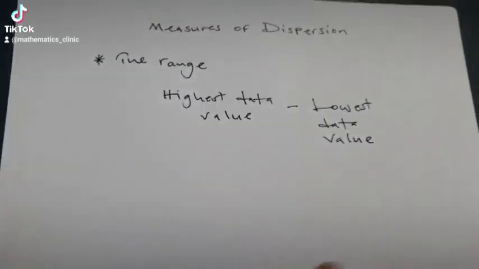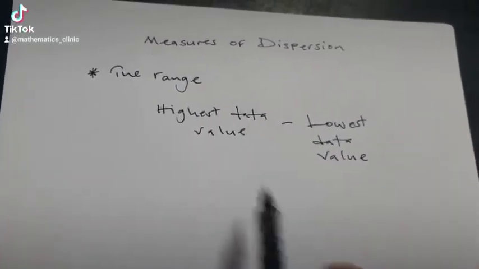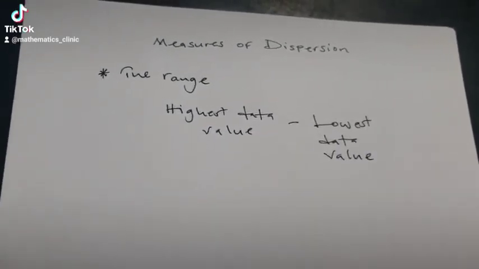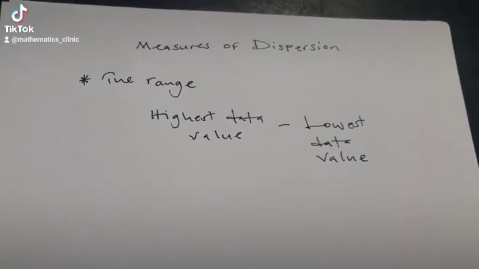So the range is the difference between the highest data value and the lowest data value. That's how you find the range.